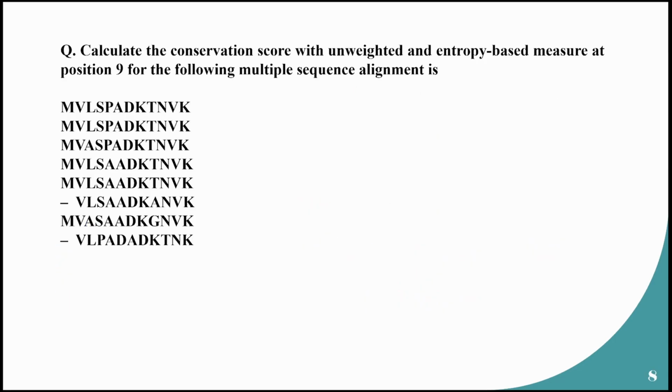So that was one thing. Yeah. So could you try to calculate the conservation score for position 9 in this particular alignment that's given here? So again, the very same formula, and right now you can use the calculator, right?